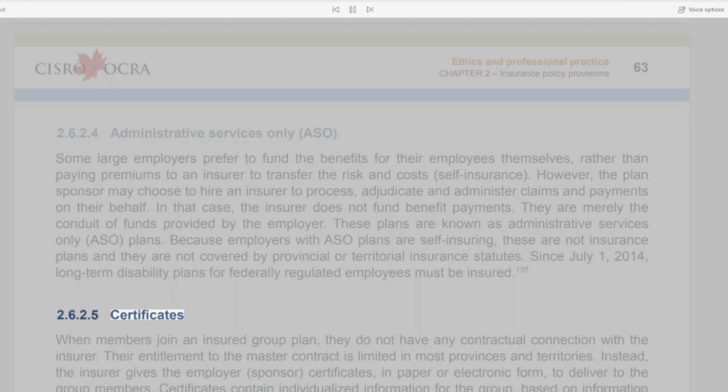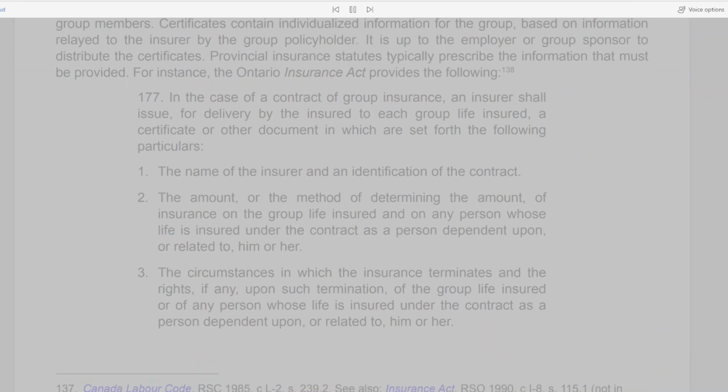2.6.2.5 Certificates. When members join an insured group plan, they do not have any contractual connection with the insurer. Their entitlement to the master contract is limited in most provinces and territories. Instead, the insurer gives the employer sponsor certificates in paper or electronic form to deliver to the group members.